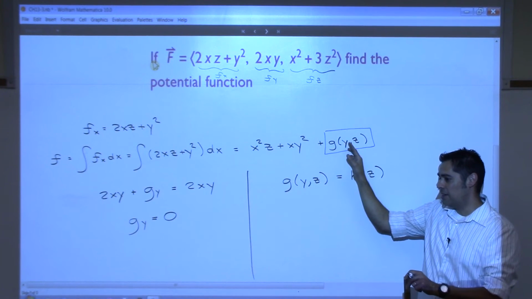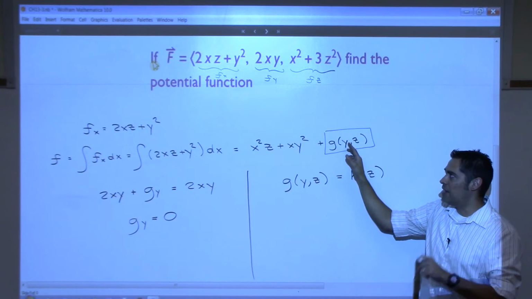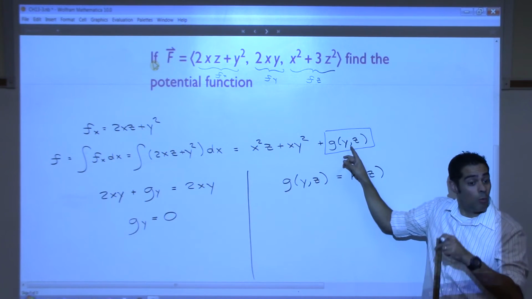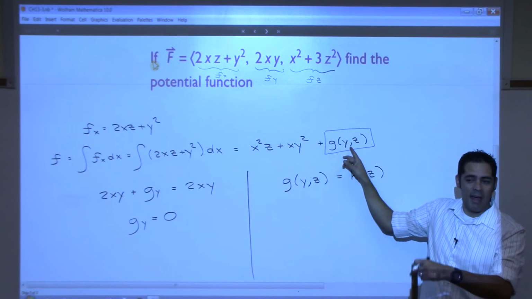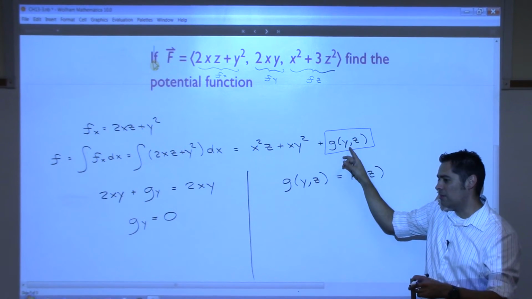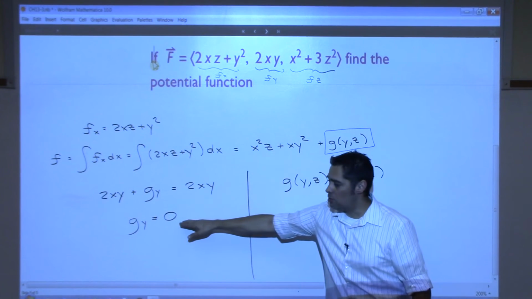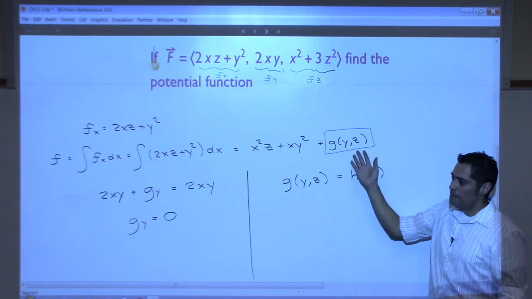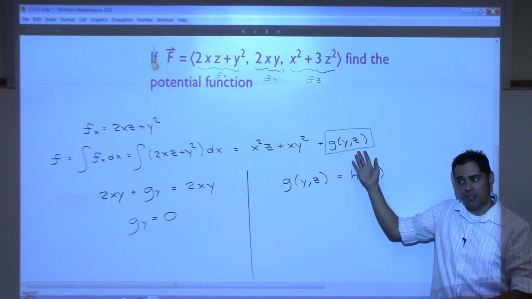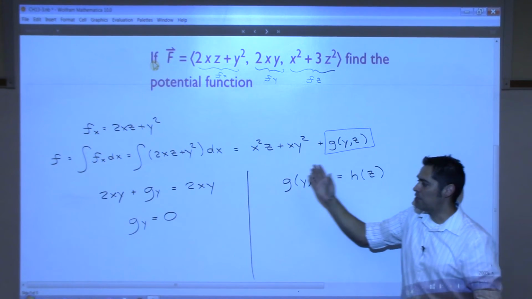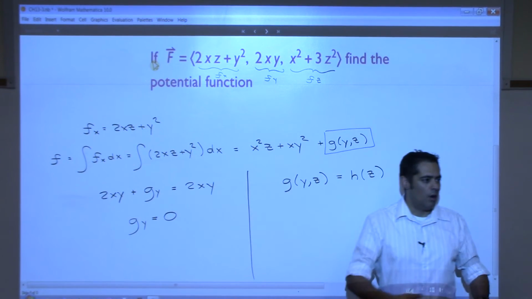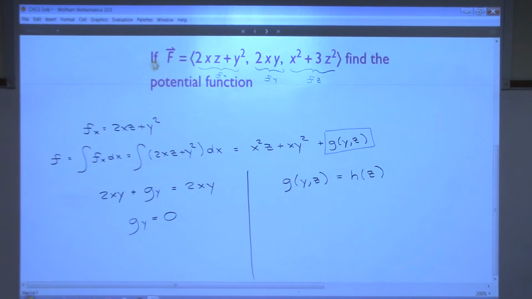Because when I take the derivative of it, if it had a y in it, the derivative of that would be 1 maybe. Let's say it had 5y. The derivative would be 5. I need the derivative to be 0. So I know that there can't be any y's, but there could be z's. Because I took the derivative with respect to y and got 0, but all z stuff would go away, wouldn't it? It's a little trick. You've got to kind of keep track of where you're going with this.